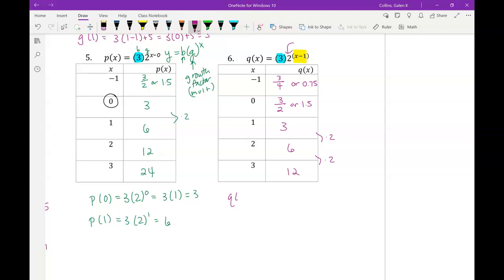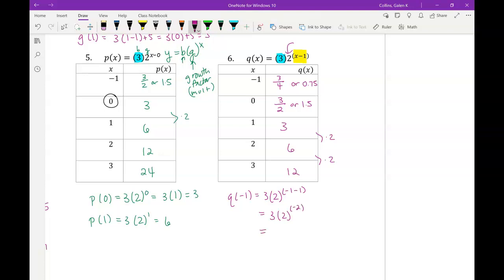So if I evaluate q of -1, that is 3 times, I don't like where they put the parentheses here, times 2 to the power of -1 minus 1, which is 3 times 2 to the power of -2.